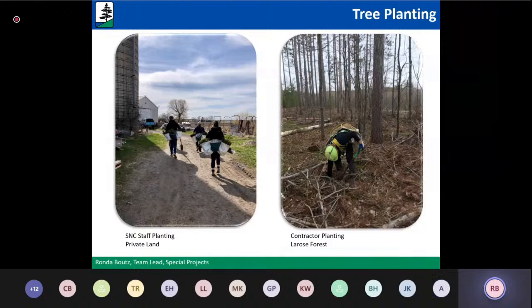Once we know exactly what's available at Ferguson, we may need to source from some additional nurseries this year, just given the number of seedlings on order. There are about 4 nurseries across the province approved for the Forest Ontario 50 Million Tree Program. We like to source local as much as we can, but we probably will need to bring in some trees from one or more of those other nurseries this year, depending on the species folks are ordering.